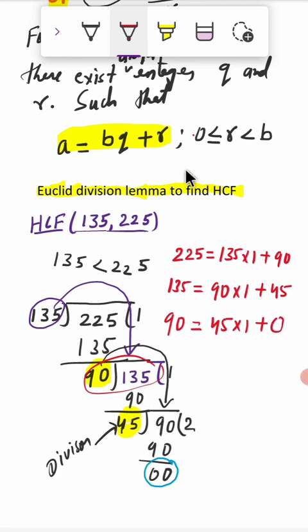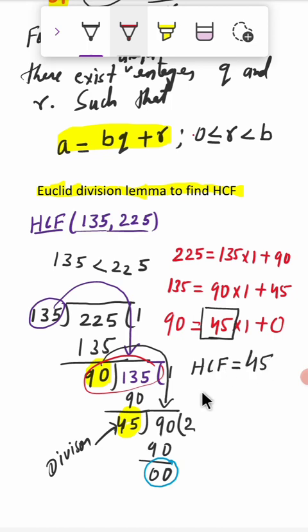So see here, see this 45, this is the divisor of our last step, so we can write here directly that the HCF of these two numbers is 45.